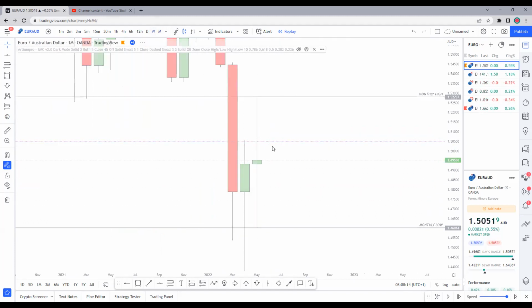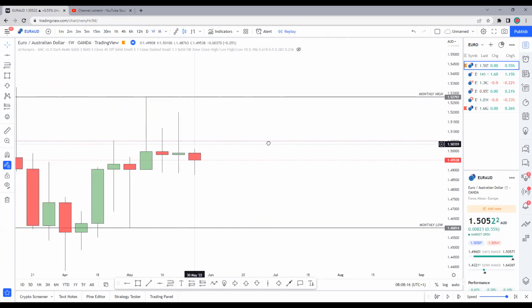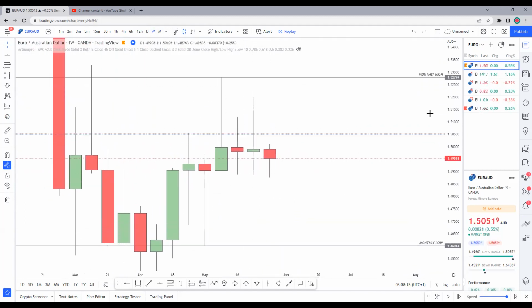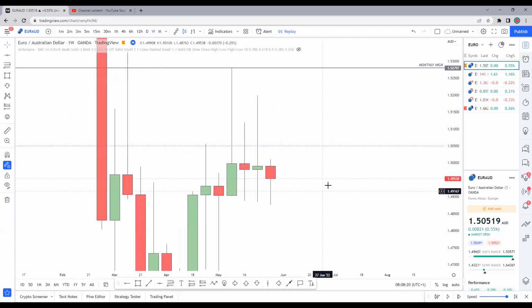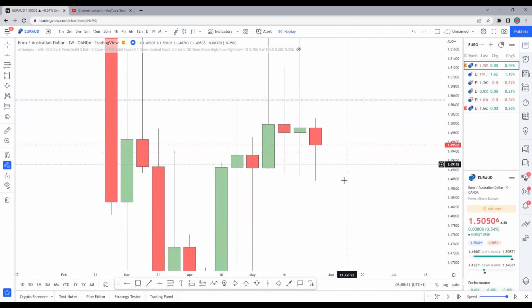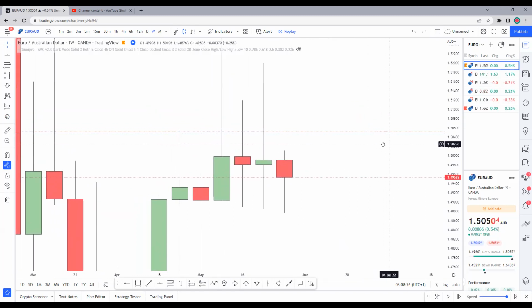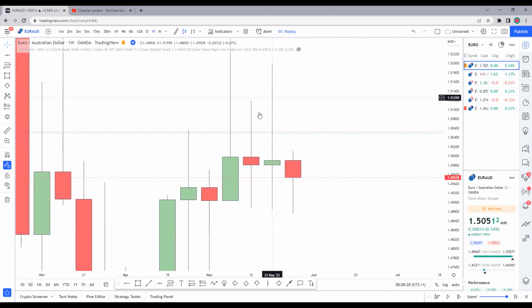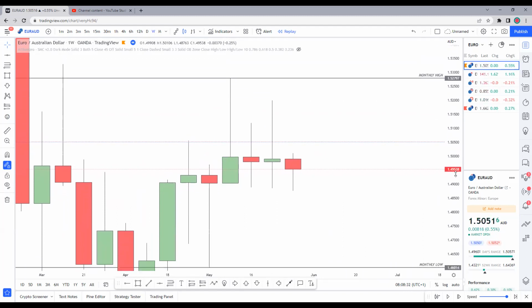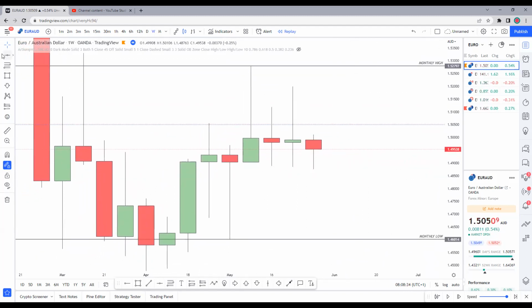Okay, and what we want to do is still be looking for setups. So we've got the next candles, which are the weekly candles, and we just do the same again. Let me just close that down a wee bit so it's a bit more visible.